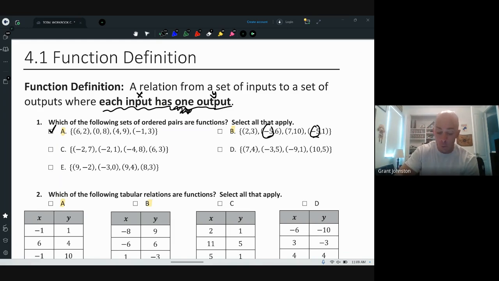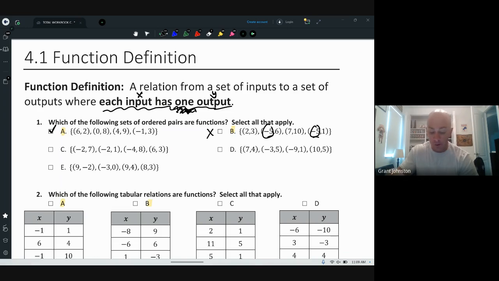Functions only have one output. Each input only has one output. In B, -5 has 2 outputs. This is not a function, so we would not check that. I'm going to put an X next to it. That's not a function. Okay.